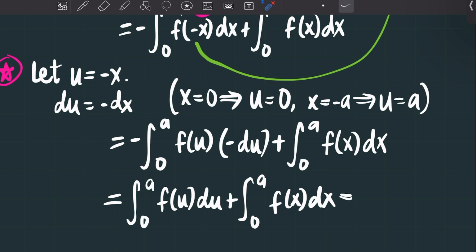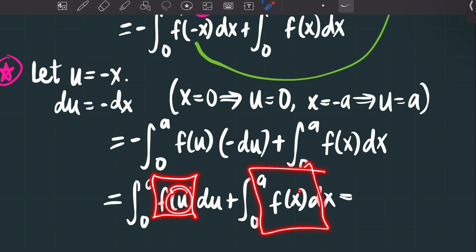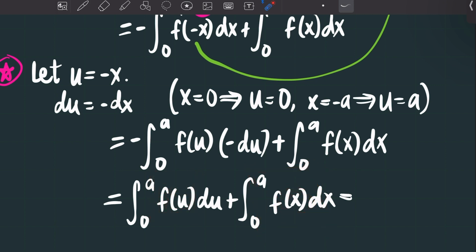What we have here is the function f, pero ang variable natin is u. Dito, we have the function f, but the variable is x. So basically, we're looking at the same function. Kasi for example, if f of x equals x squared plus x, yung u natin here is just u squared plus u.